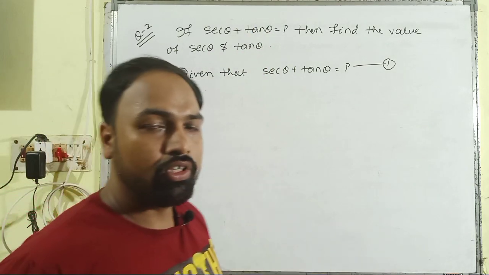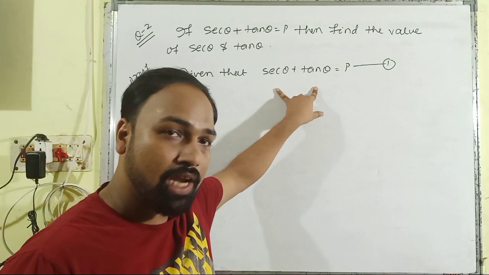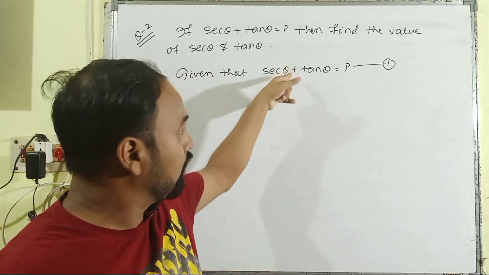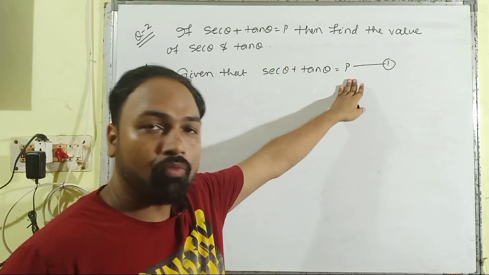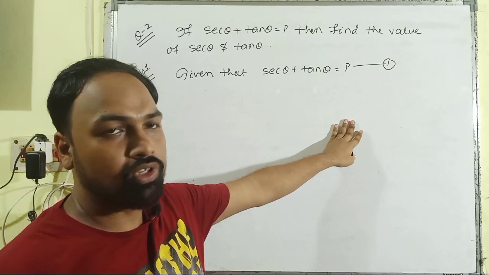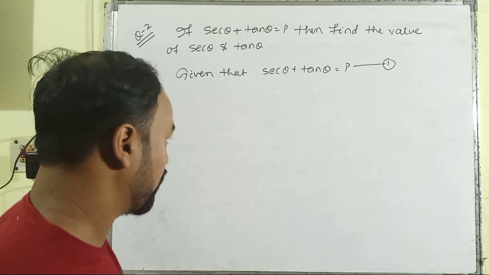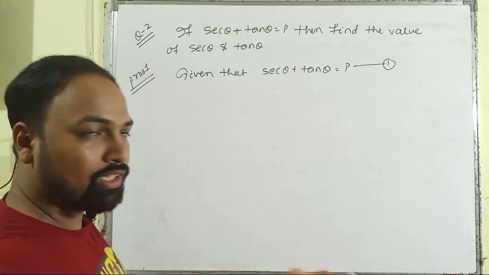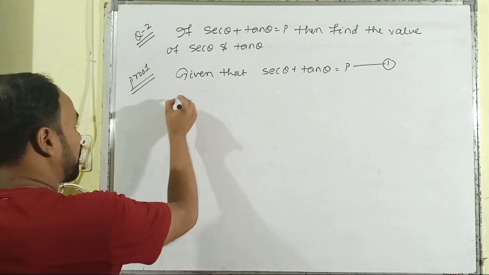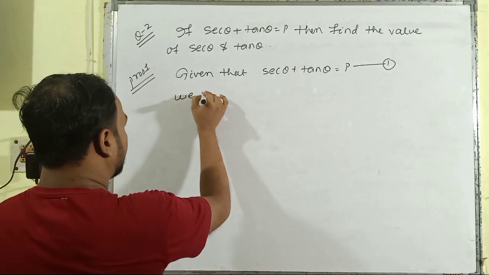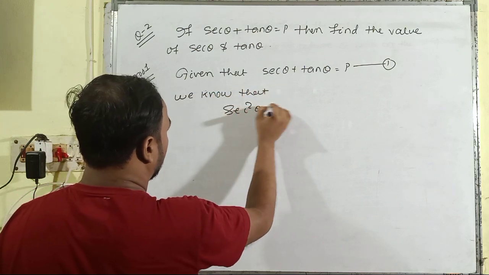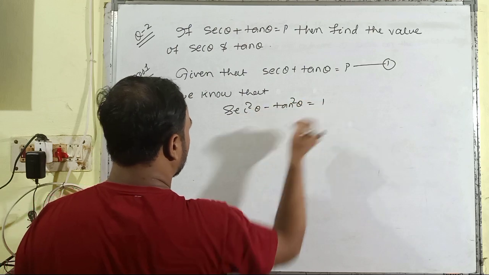If we can find the value of sec theta minus tan theta in the form of another equation, then by using those two equations, equation number 1 and equation number 2, we can easily find the values of sec theta and tan theta. To find sec theta minus tan theta, we go through a trigonometric identity. We know that sec square theta minus tan square theta is equal to 1.